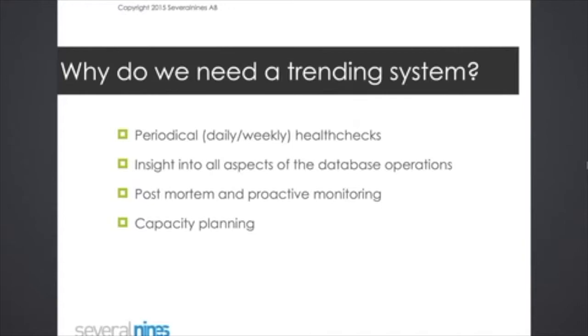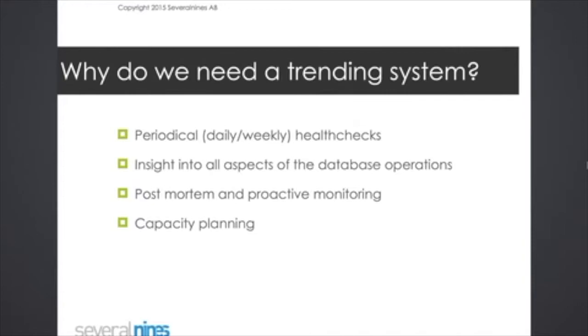Also, as I said before, a trending system gives us insight into all aspects of the database operations. So we want to be able to dig in under the hood, see what is going on, what kind of metrics are there, if everything is okay, and if not, then we want to be able to figure out what is going on, and get this data.